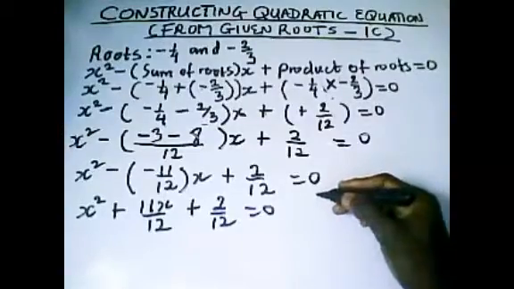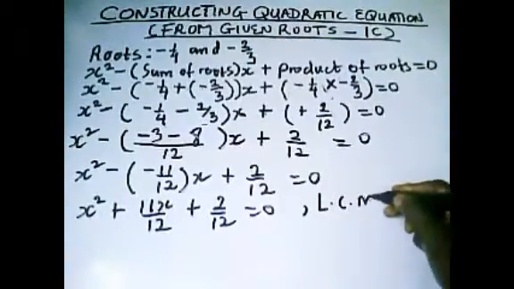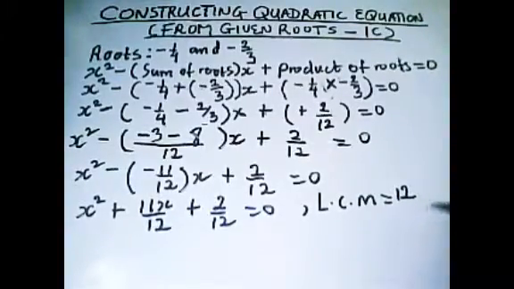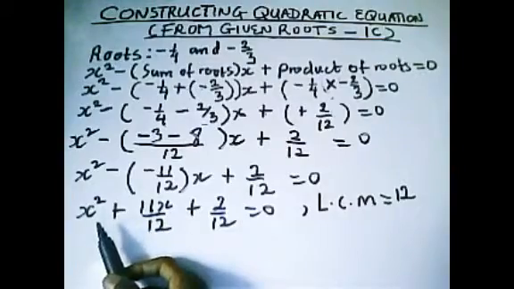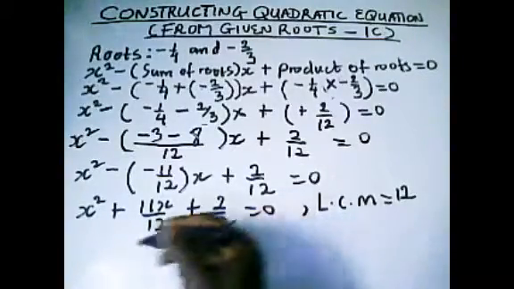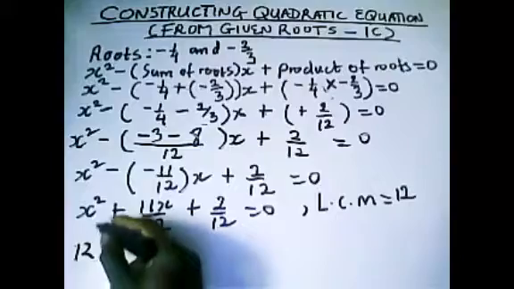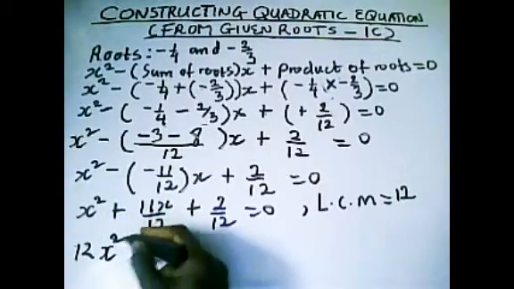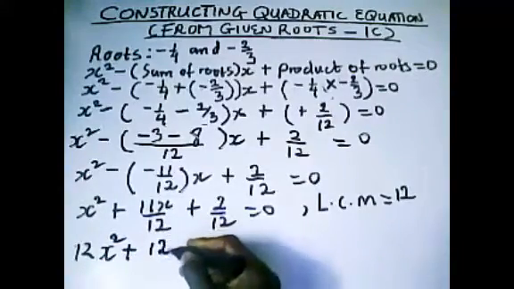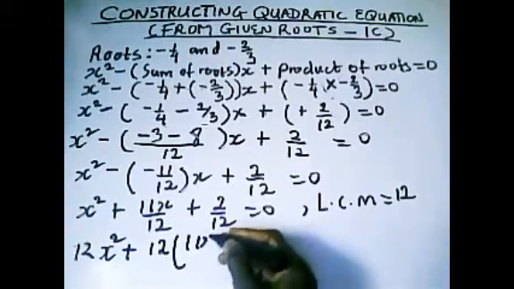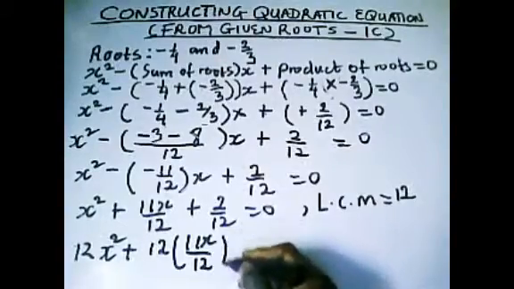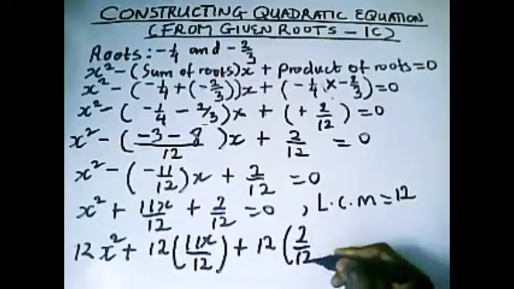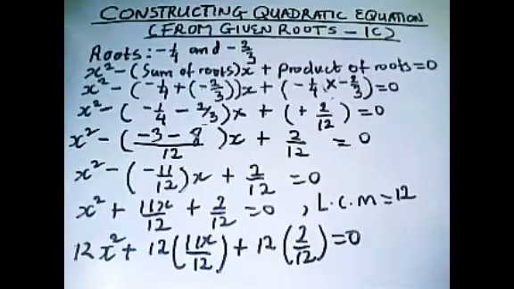Now, what I've been saying before is that the LCM of 12 and 12 will give us 12. So we need to multiply each of the terms by 12. 12 times x squared will give us 12x squared, then plus 12 multiplied into 11x upon 12, and then plus 12 multiplied into 2 upon 12, then everything equals to 0.